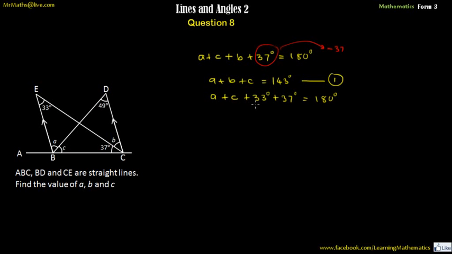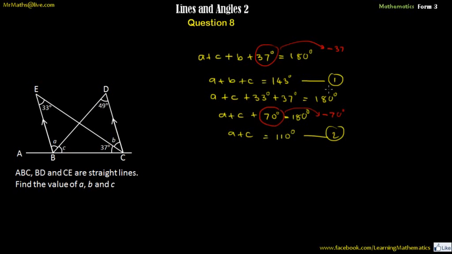So what is 33 plus 37? Then A plus C plus 33 plus 37 is 70 degrees, equal to 180. As usual, let's move the numbers over to the right. This becomes minus 70. So A plus C is equal to 180 minus 70, which is 110 degrees. So this is our equation 2.